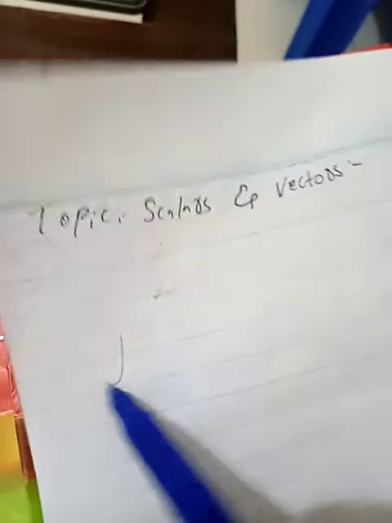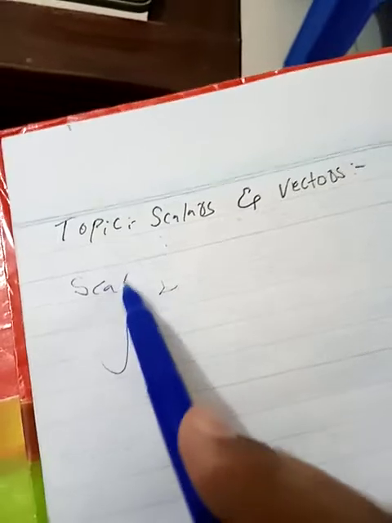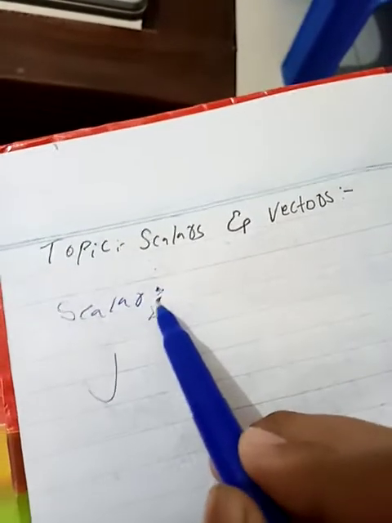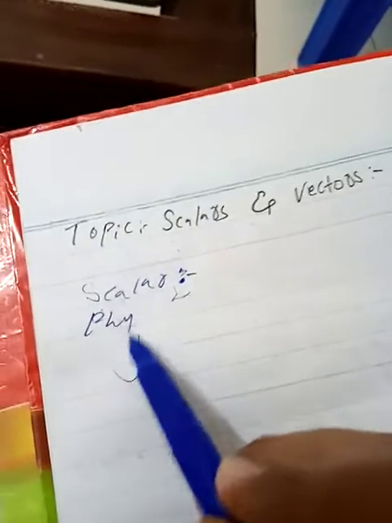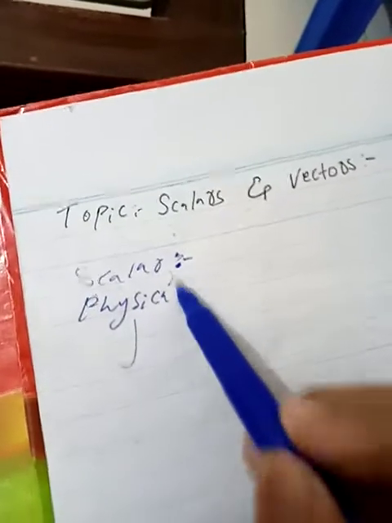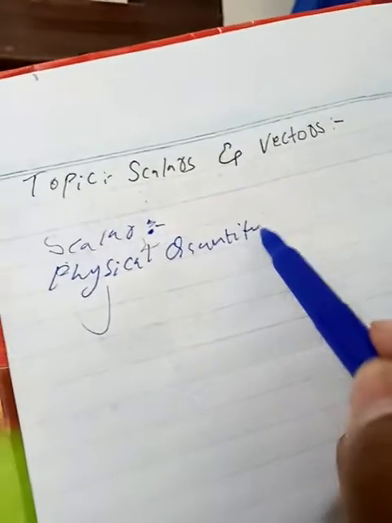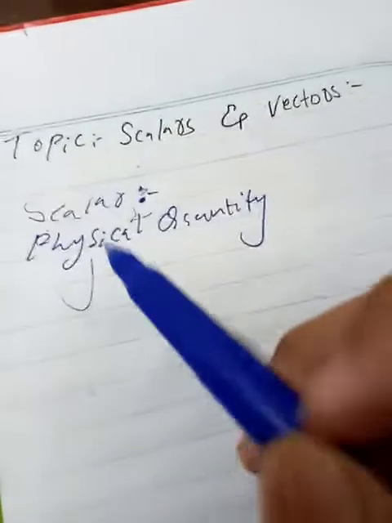So first of all, we are going to define the scalar quantity. A scalar quantity is that type of physical quantity, and you guys know that anything which is measurable is called a physical quantity.